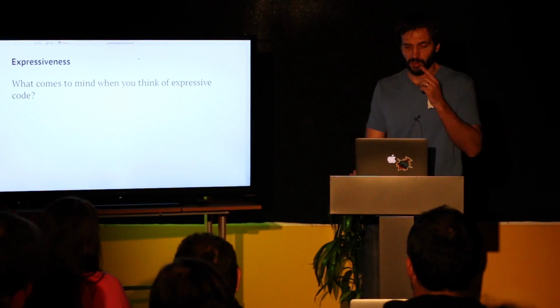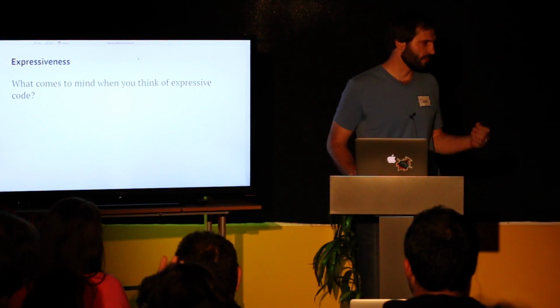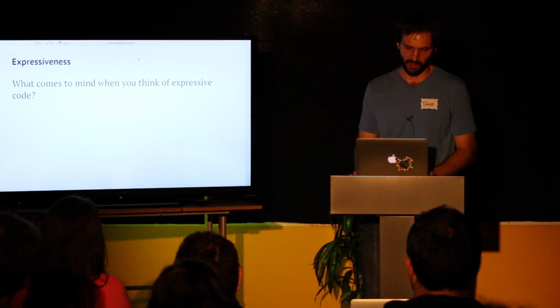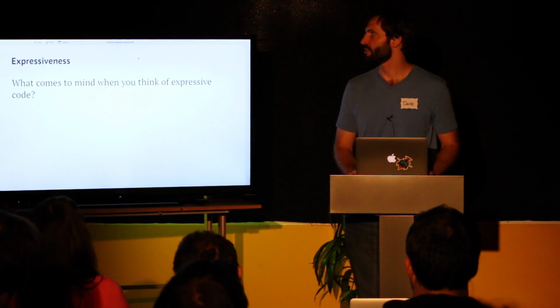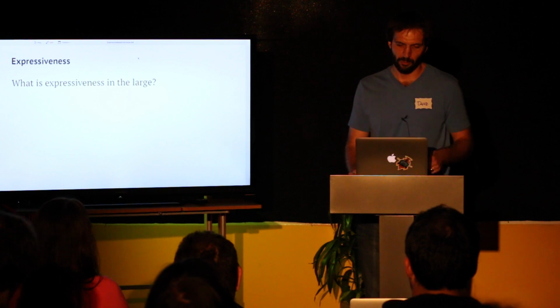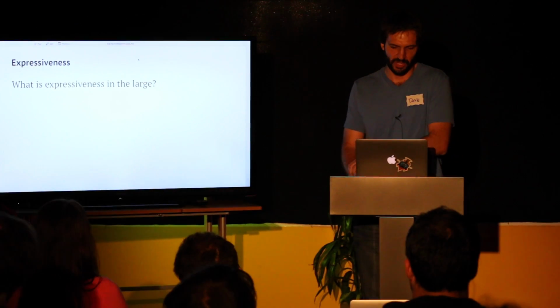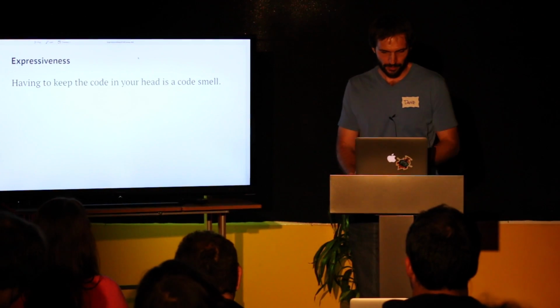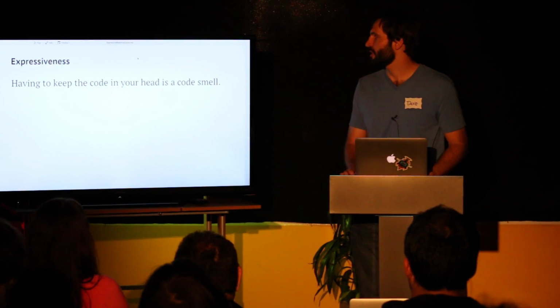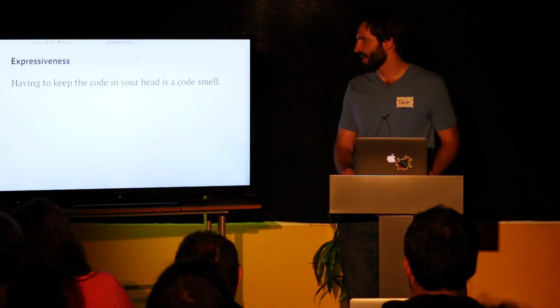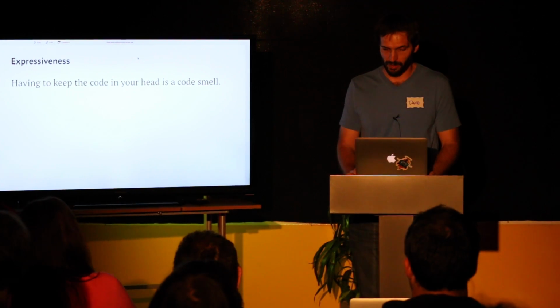So when you think of expressive code, I think Ian talked about some of the things that you would normally think about. I can't remember what the 3 items were, but usually it's in thinking in the small. So expressiveness in the small. But what does expressiveness look like in the large? There's this thing about good programmers being able to keep all the code in their head, but I think that's a code smell, and I think other people would agree.